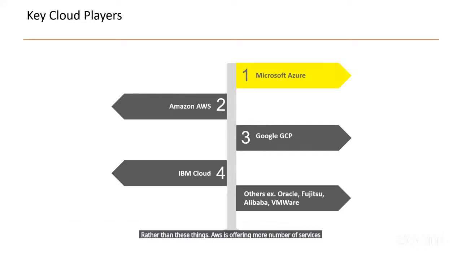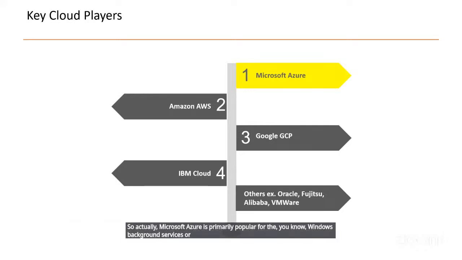Anyone else? So actually, Microsoft Azure is primarily popular for Windows background services or applications, whereas Amazon AWS is more focused towards Unix or Linux-based services and applications.